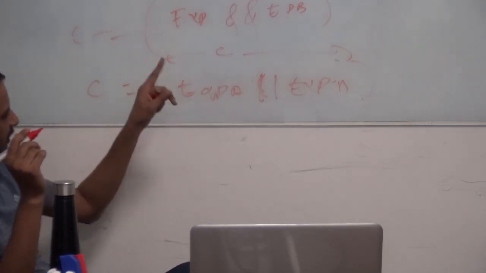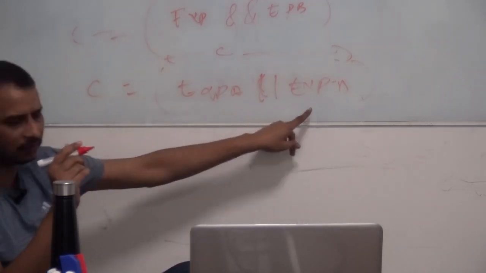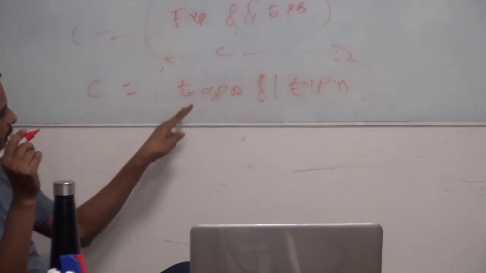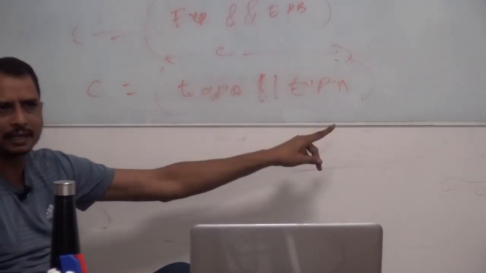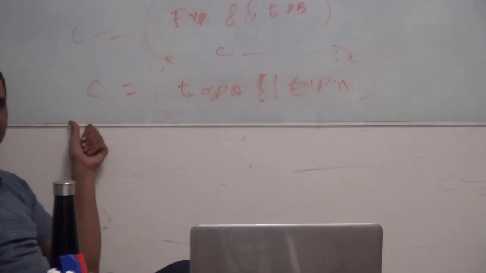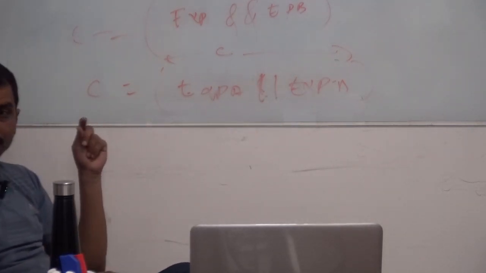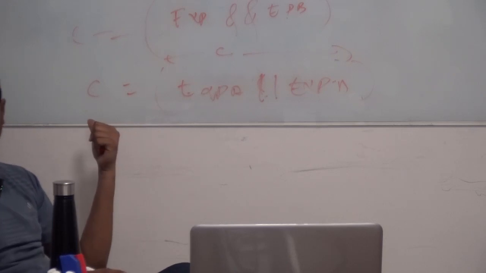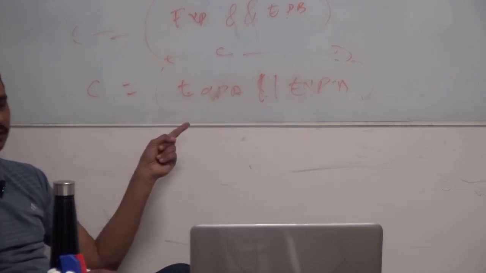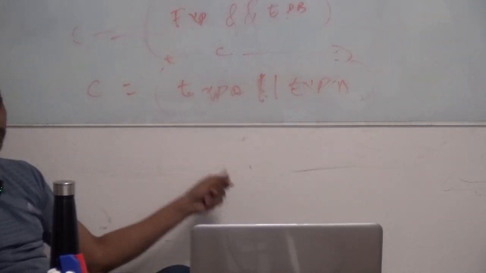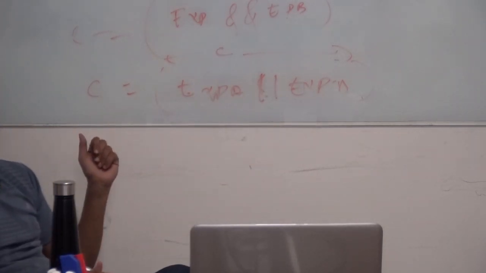In the rest of the scenarios, if A is true and B is false, still it is true, because it says either this or this. Until both are false, the result will be true only. If both are false, then only it will be false. In all the rest, if any one of them is true, the result will be true. Okay.